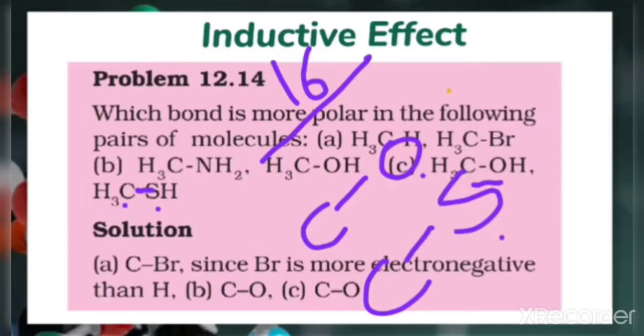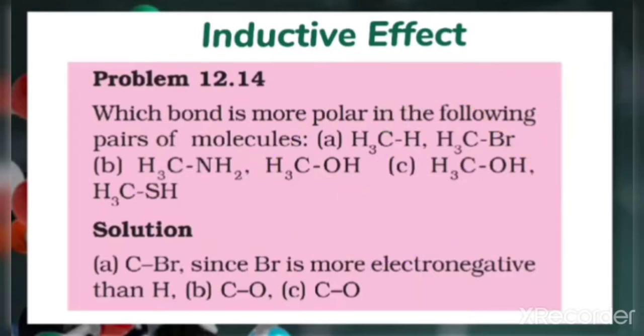As we know, from top to bottom electronegativity decreases. That means the top member will have greater electronegative character. Therefore, oxygen is a more electronegative element than sulfur. That's why this bond is more polar. So what is the answer for the third case? C-O is more polar.